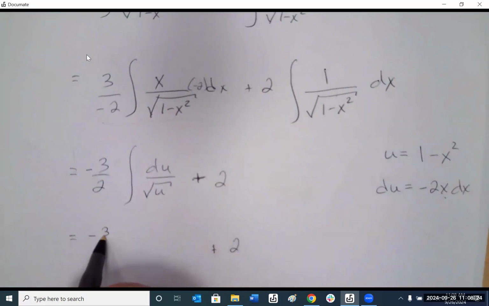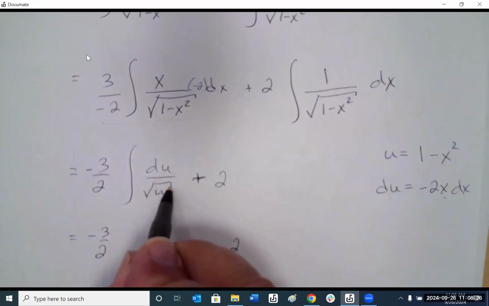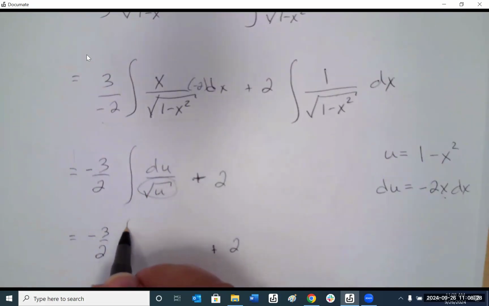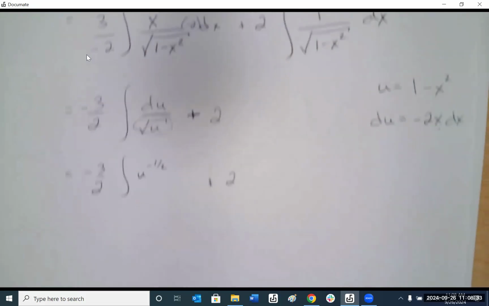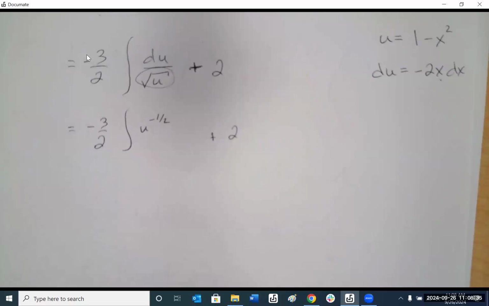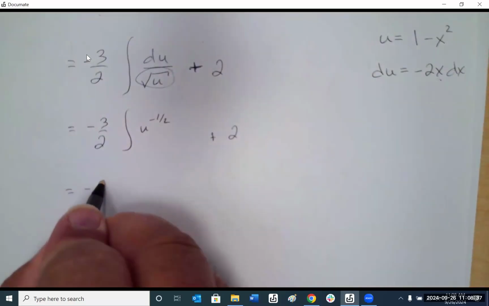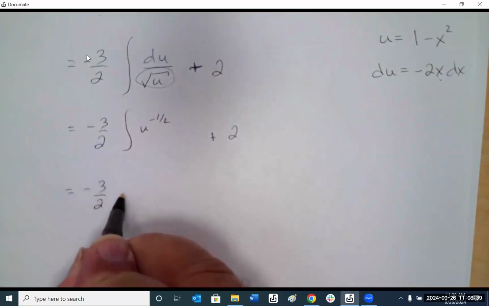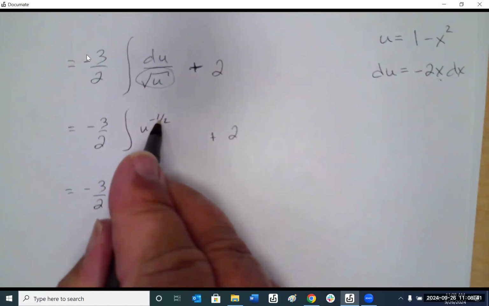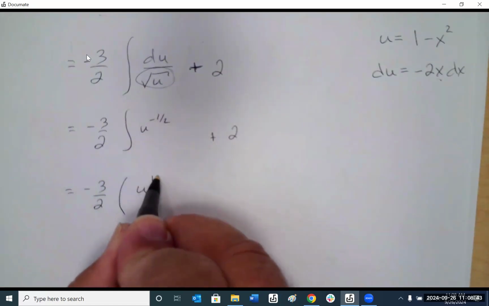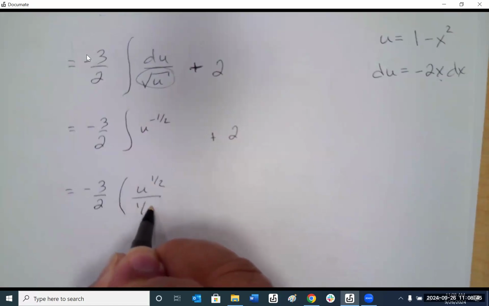So we have negative 3/2. This radical goes up on top, becomes u to the power negative 1/2. The integral of this one would be u to the power 1/2 over 1/2.